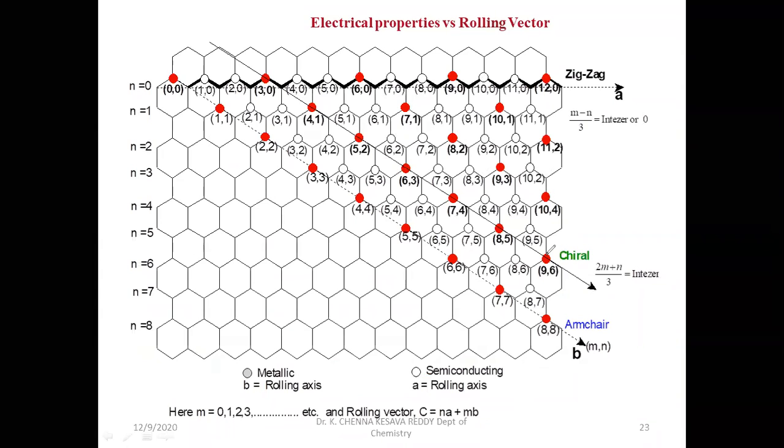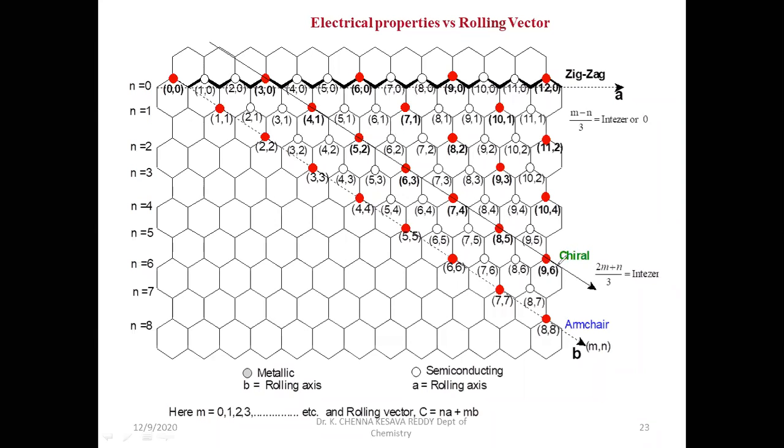This is a chiral. Sometimes this chiral may be in between these two, that means 8.5 and 9.5. In that case, it will be chiral. Exactly, you cannot consider it as chiral 100% because it is equivalent to parallel to armchair.